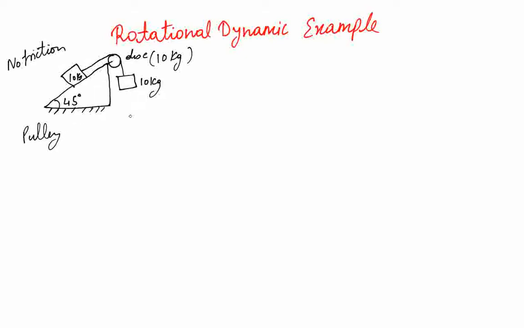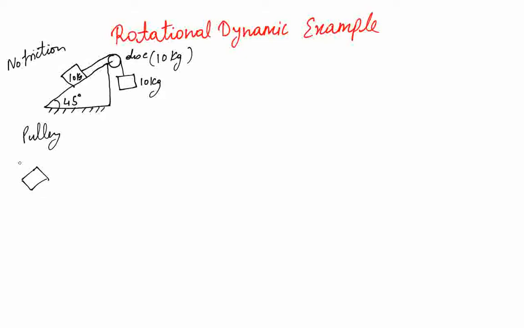Okay, how to solve this problem? Again, whenever we have a mechanics problem, we always start by making free body diagrams. So let's make free body diagram of the 10 kilogram mass. We already have done this, but let's do it. Now we know there are three forces acting.